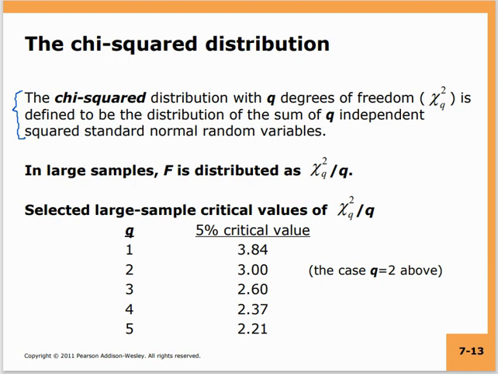Okay. So large sample critical values of chi-square by q are given like this. These are things that you just take at face value. This is part of the whole hypothesis testing part of the course. If you have only one variable, the 5% critical value is 3.84.